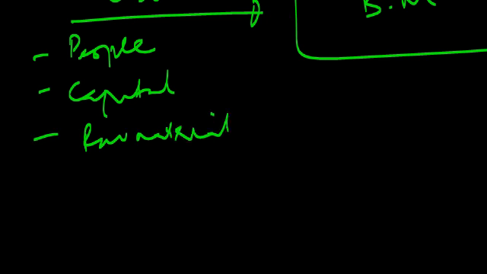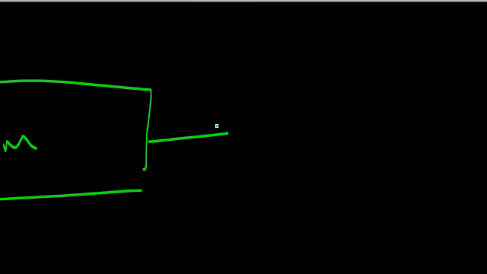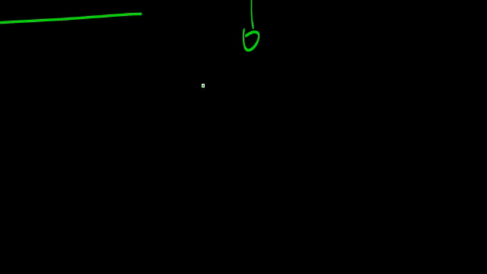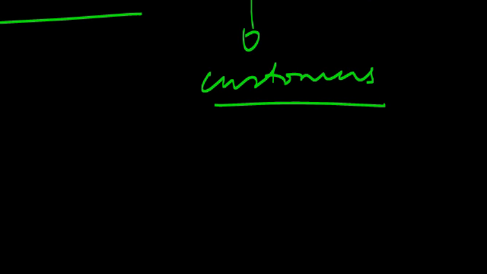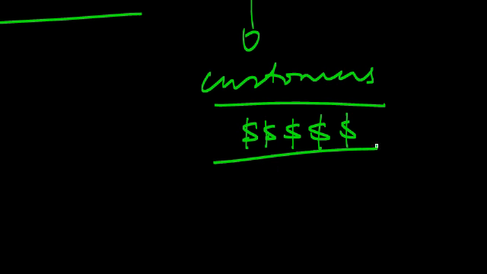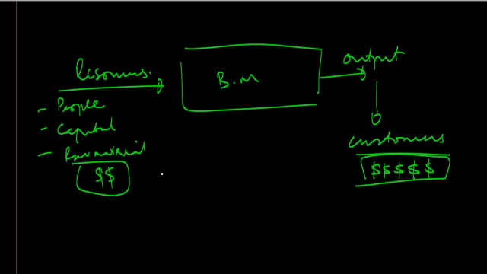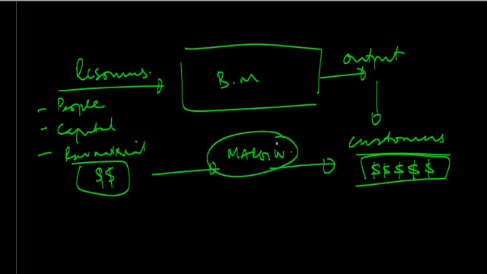And the business, using its business model, then produces output, and this output gets sold to customers. And this model works. Everybody is happy as long as you spend $2 going in and you get $3, $4, or $5 coming out. And the net difference between what goes in and what goes out is the margin that you get to keep as a business.